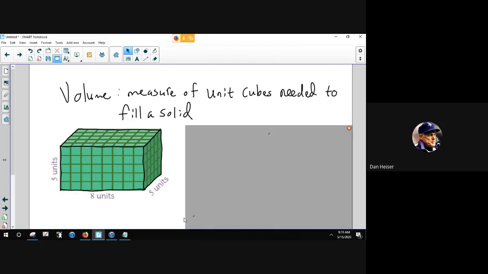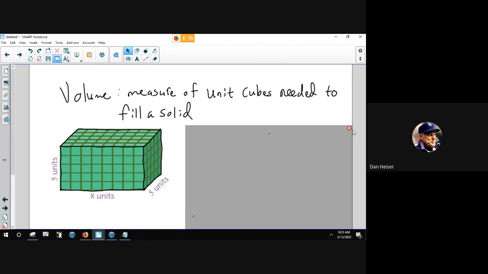So it has a volume of 1 cubic unit. And then if we cut that prism into several of those equal unit cubes, we see that we have 8 cubes going across here. We have 5 cubes going back this way, 5 cubes high. We could count all the cubes to determine the prism's volume.